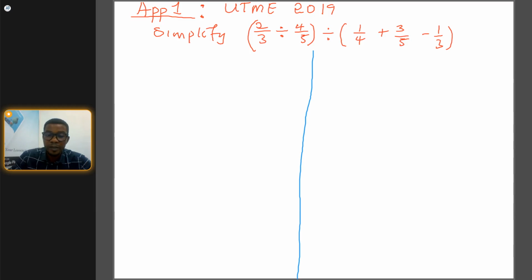Brackets should be considered first. So we need to simplify the fractions we have in the bracket. Let's simplify the first bracket, that's 2/3.